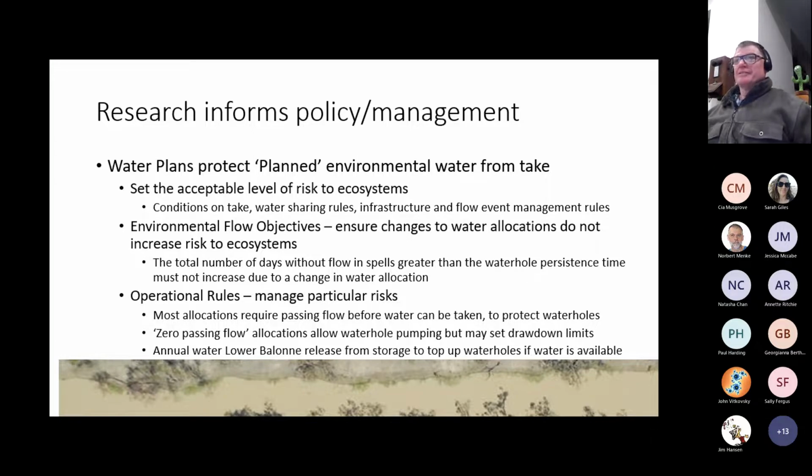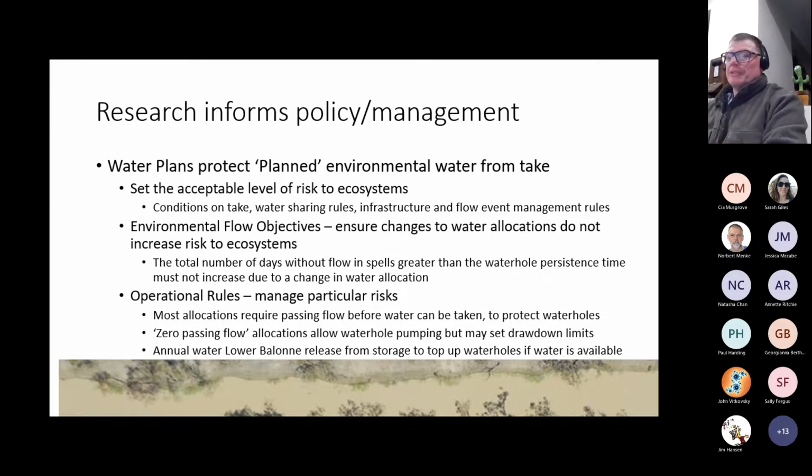And this process sets the acceptable level of risk to the ecosystem, which is informed by the environmental assessments that are done. So things such as conditions on take, water sharing rules, infrastructure rules, flow event management rules, are the things that protect this planned environmental water.